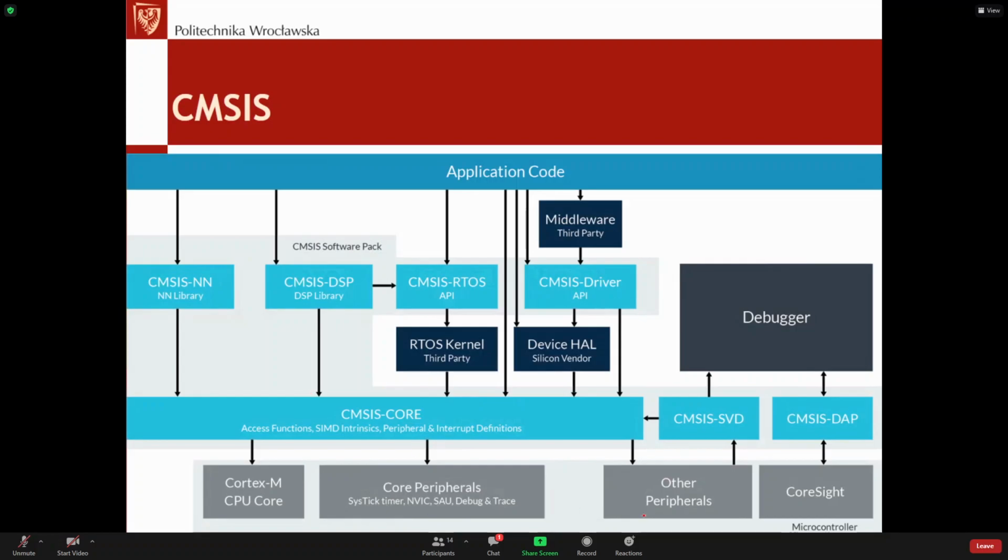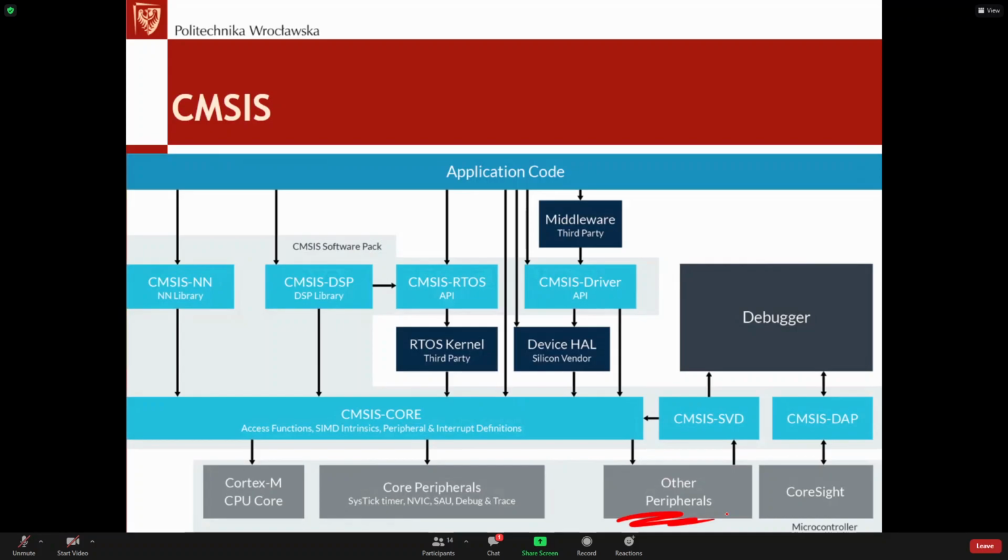Naturally, physically, the largest block in a microcontroller is usually the other peripherals, so don't get misled here. The other peripherals are not just one or two peripherals, because usually the core peripherals are the SysTick timer, NVIC, and that's it.